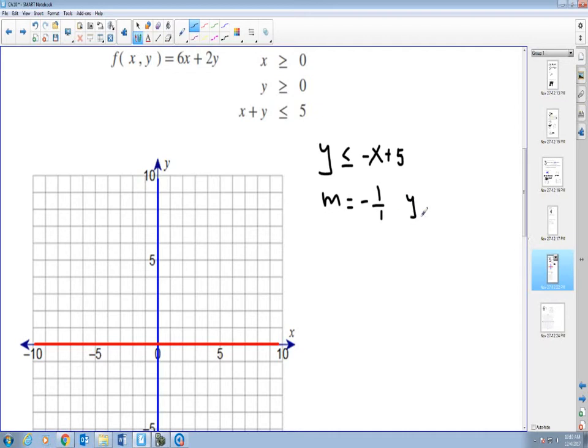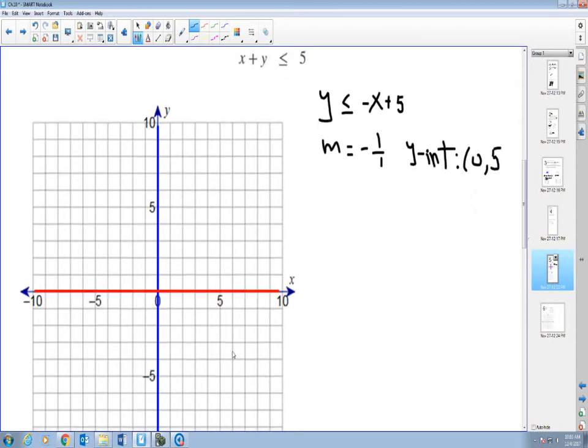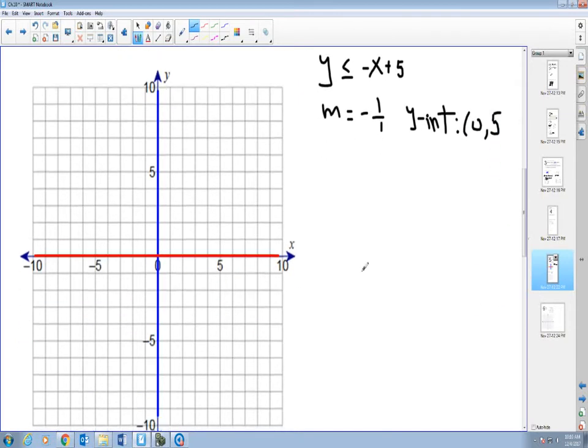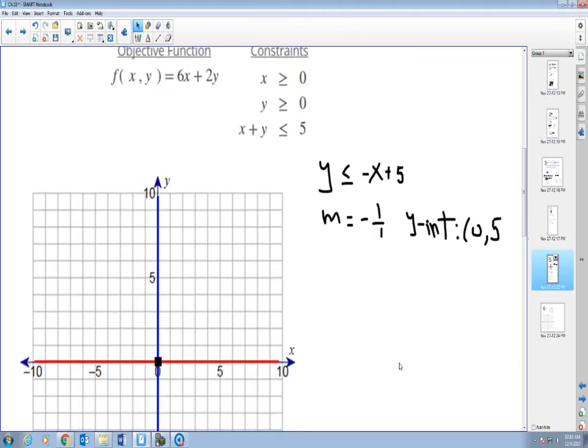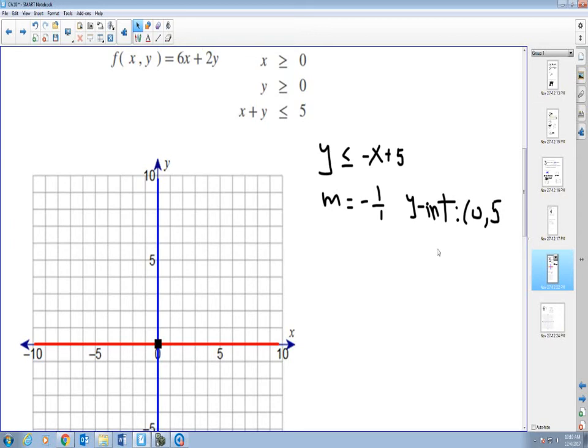My y-intercept will be at (0, 5). So far, for the first two constraints I plotted, the point of intersection is at the origin. Now adding the third line here.